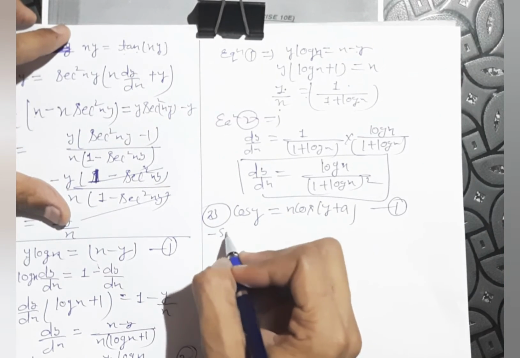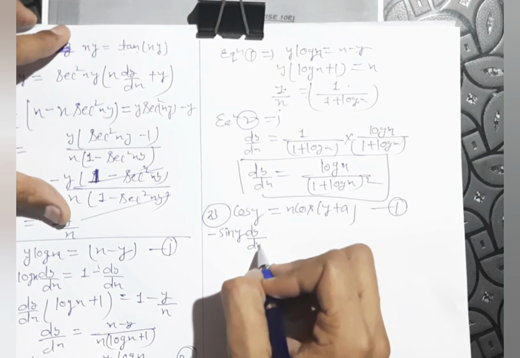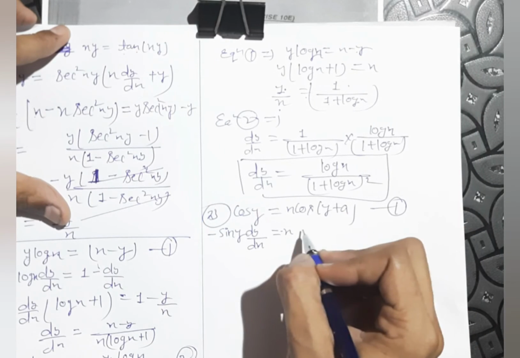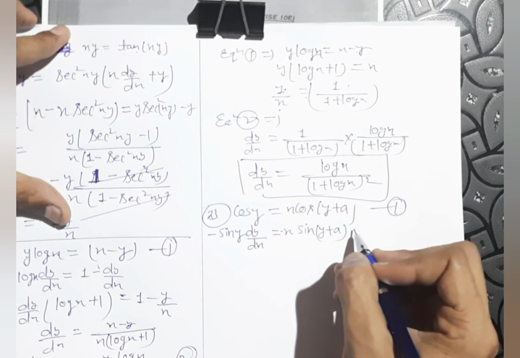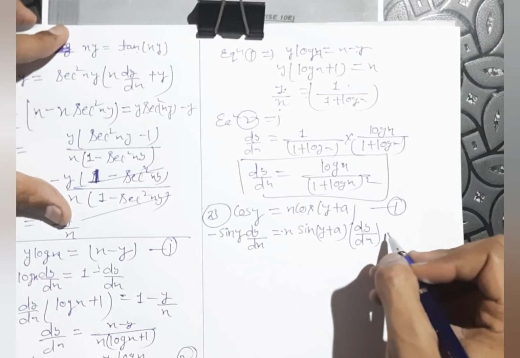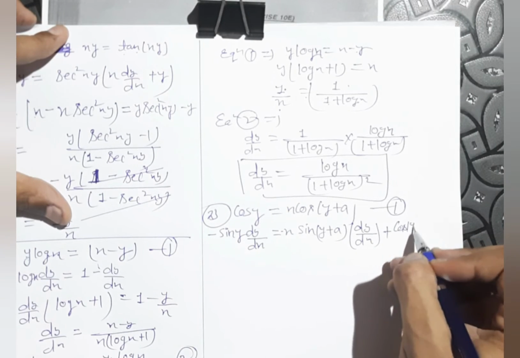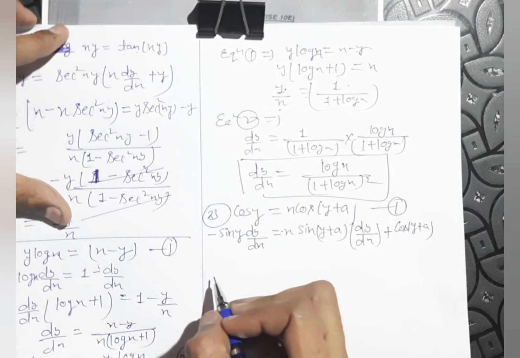So cos y is just -sin y times dy/dx equals, x is same, the cos(a + y) is -sin(a + y). Now (a + y) is dy/dx and a is 0. Okay, now cos(a + y) is same, and the differentiation of x is 1, so I am not writing that.